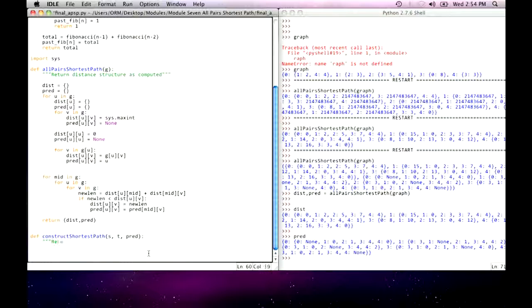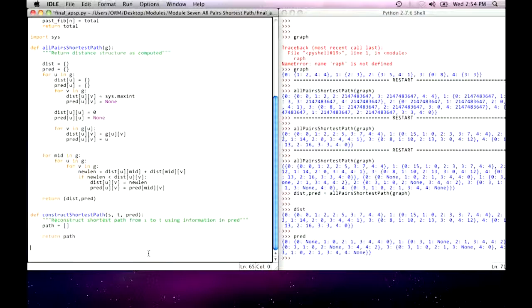The idea is to reconstruct the shortest path from S to T using information in pred. I know that it's going to be some kind of path that I'm going to store as a Python list, and as I build it up, I will return it. To actually do this, I know that if I actually have a path from S to T, the T must be in the path. So I'll put that there as my starting point.